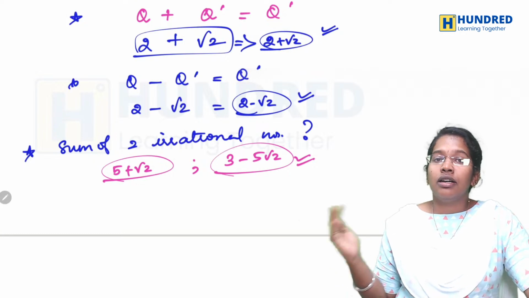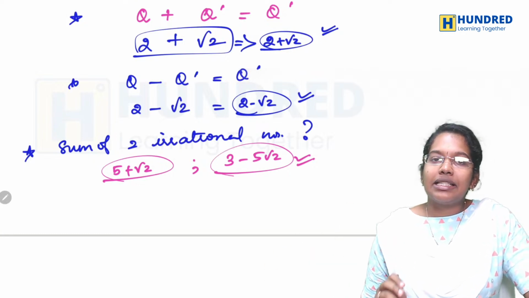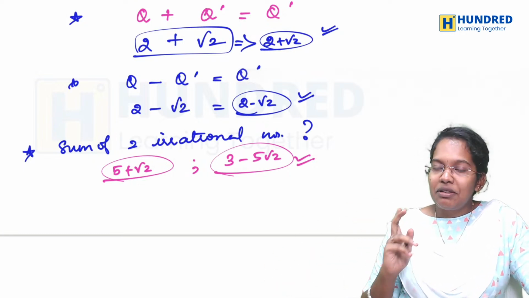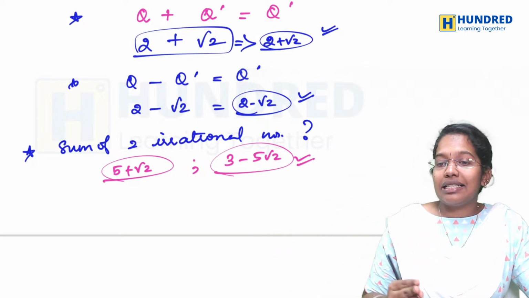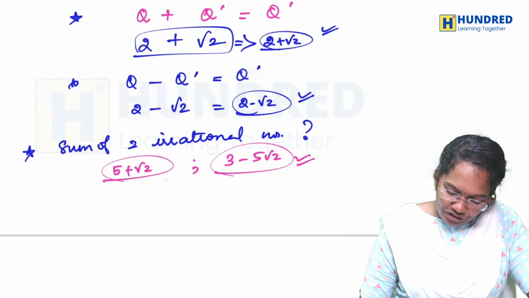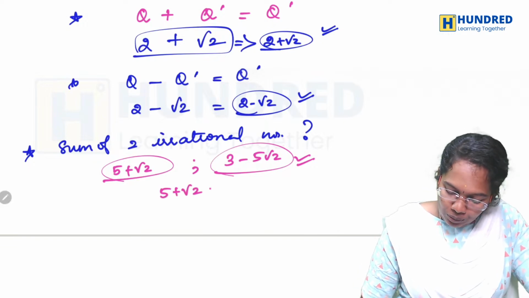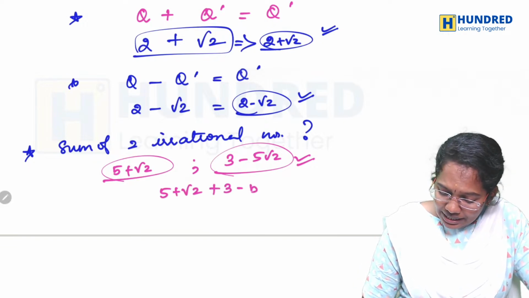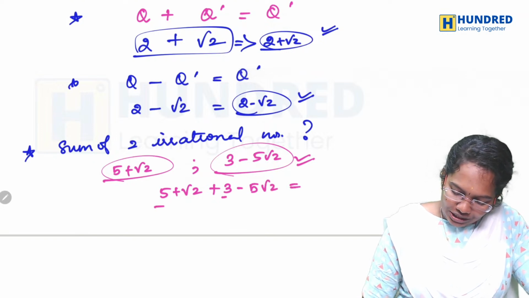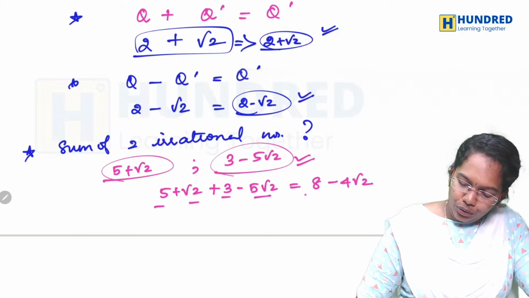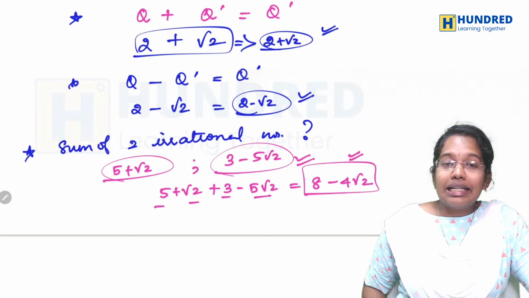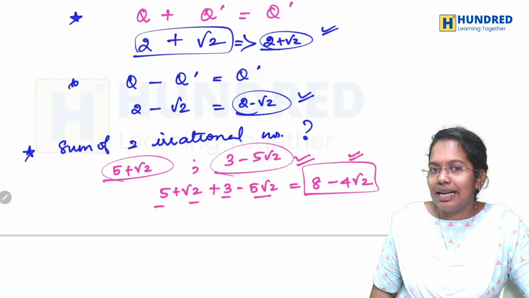Let me check whether the resultant answer will be irrational or not. So 5 plus root 2 plus 3 minus 5 root 2. When you add the constants, it will be 8, and the root terms give minus 4 root 2. So the resultant thing is an irrational number.